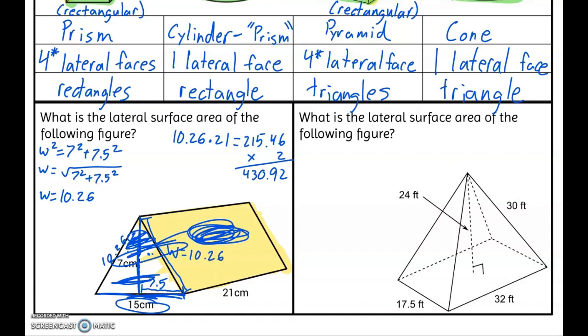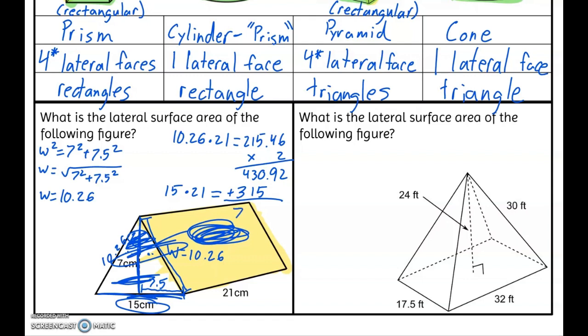But now I need to find the area of that bottom part of this shape. Well, the way I'm going to do that is I'm just going to do 15 times 21. When I do 15 times 21, I'm going to end up getting 315. Well, since I have 315, I'm just going to go ahead and add these two together so that I can find the total lateral surface area.